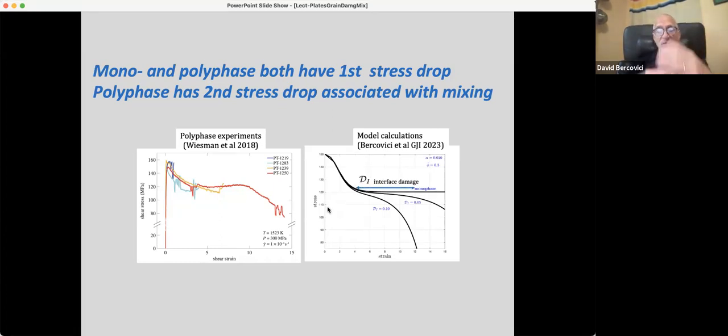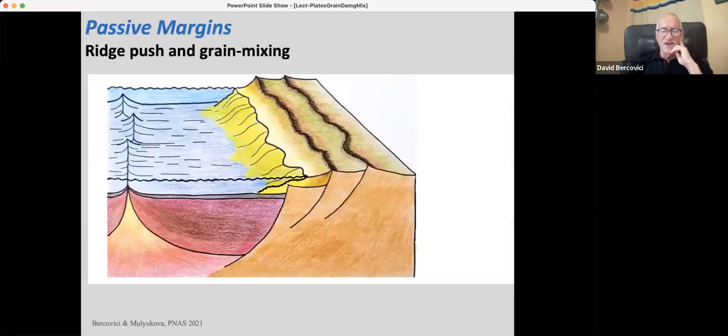In other words, how much am I mangling and stirring up the interface between the two phases, the olivine and the pyroxene or whatever, until they become so well mixed that Zener pinning winds up holding the grain sizes to smaller sizes, which makes it weaker, and you get a second stress drop. So we could predict the second stress drop from the theory, which was very nice, but we're going to continue to do work on that.